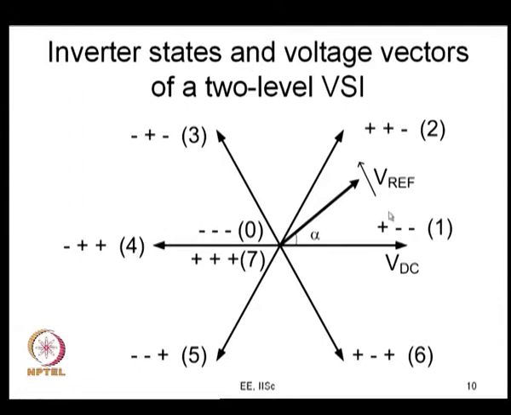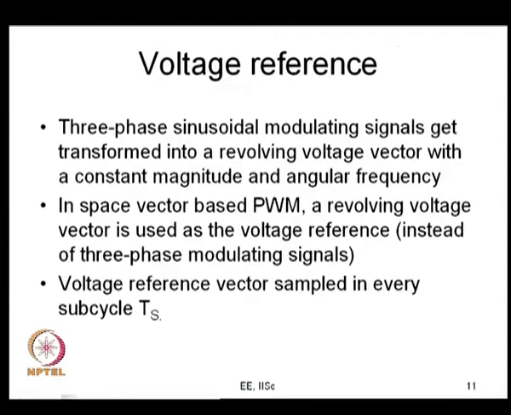Like plus minus minus, R alone is positive here; if Y alone is positive and the other 2 are negative, you get a vector which is aligned along the Y phase axis. Similarly, if B alone is positive and the other 2 are negative, you get a vector of the same magnitude VDC along the B phase axis. So, thus you get these 6 vectors as we saw in the previous lectures.